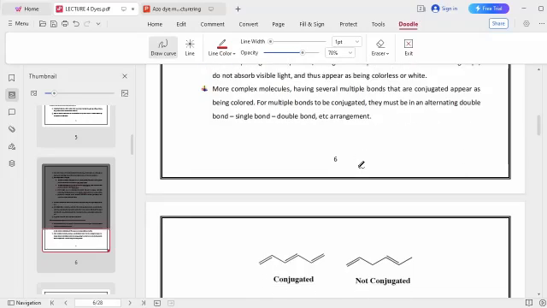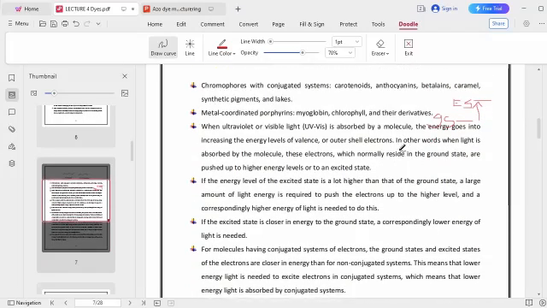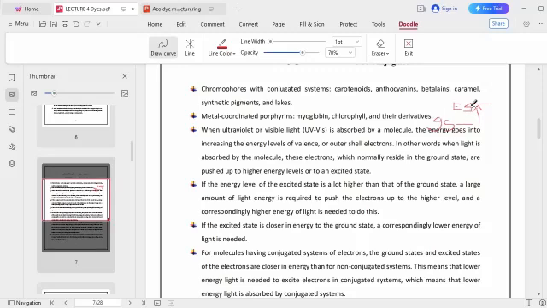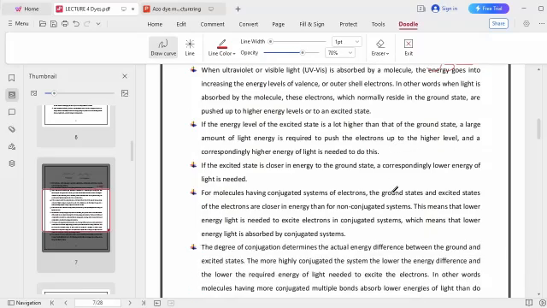It's because of the conjugated system, and because of the difference between ground state and excited state of different molecules. Some molecules have less valence between ground state and excited state, whereas some have high valence or high distance between ground state and what? Excited state. And the differences between the valences determine how much energy will be needed to excite the electrons. Okay.